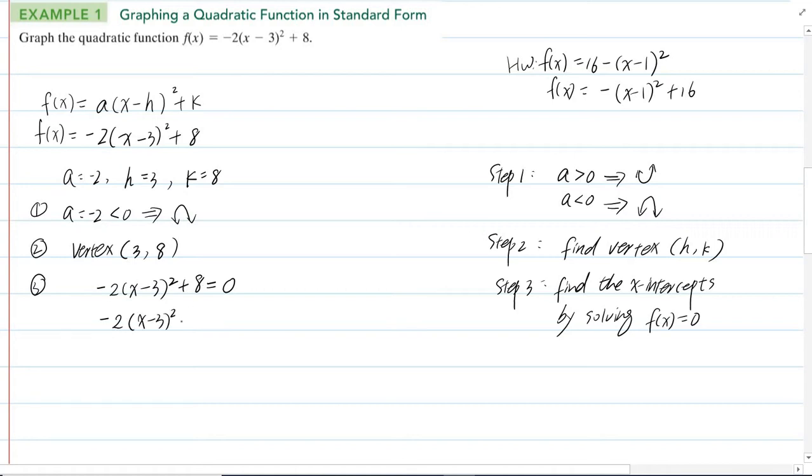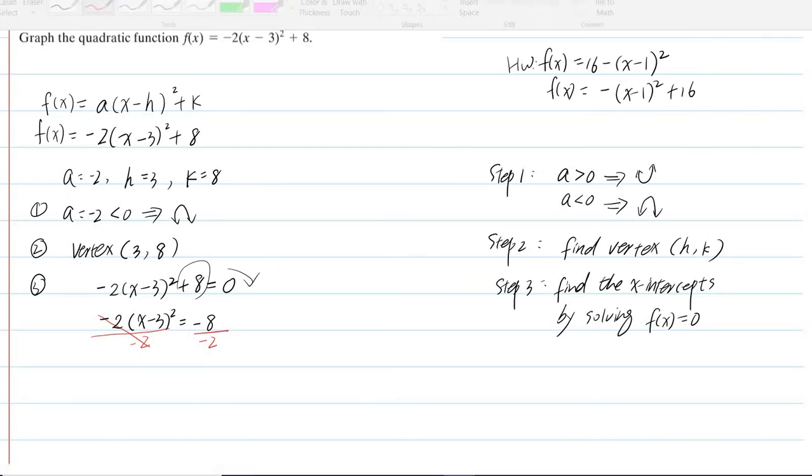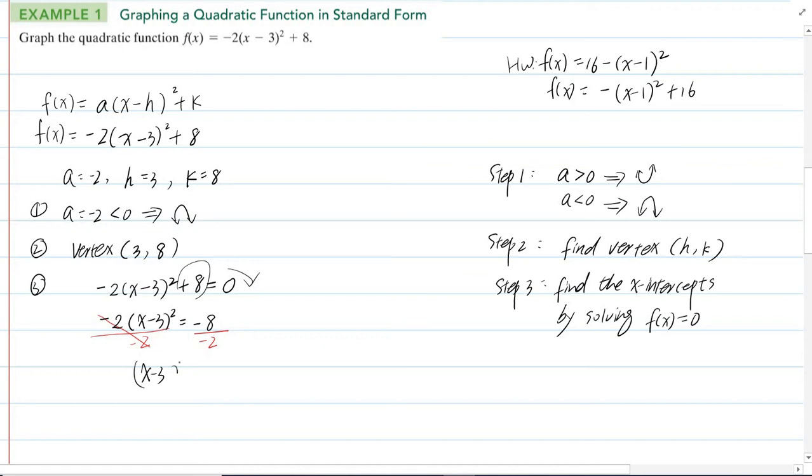We have 8 right here. We'll move it to the other side, the positive becomes negative, or you can subtract 8 from both sides. Then we can divide by -2 on both sides. We cancel -2 out, so we're going to have (x - 3)^2 equal to 4.